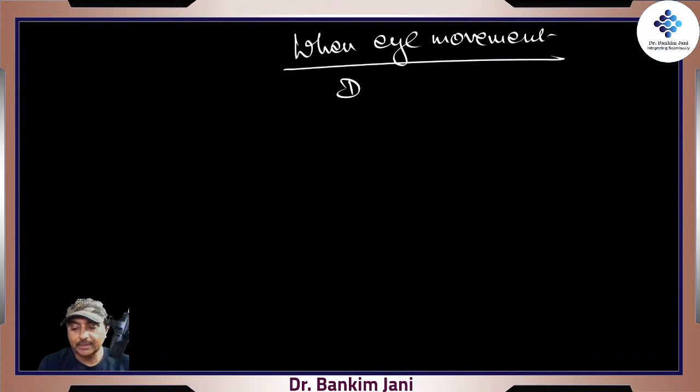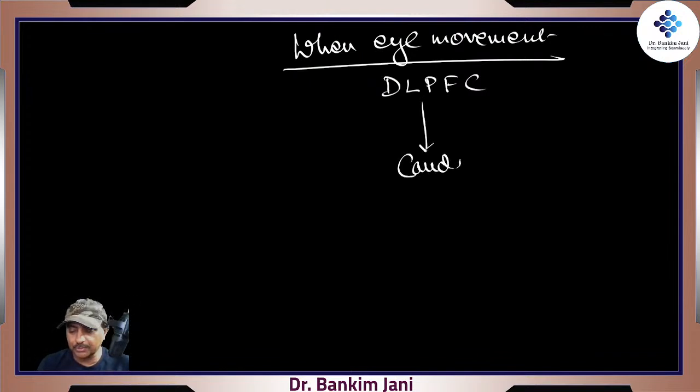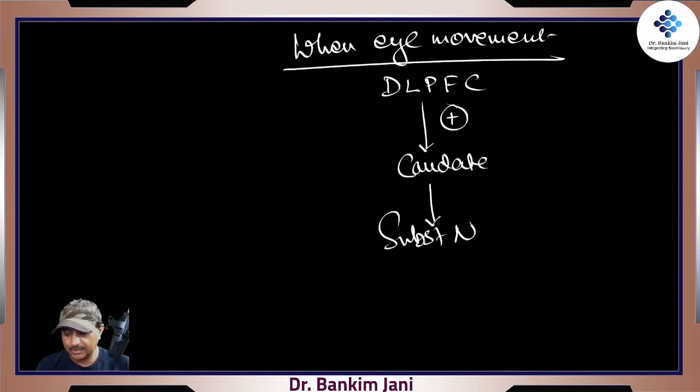So here the same dorsolateral prefrontal cortex comes into the picture, right? It will send a message to the caudate, right? The caudate will be talking to the substantia nigra, right? This time it is the reticulata, right?